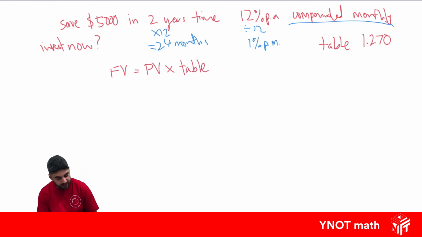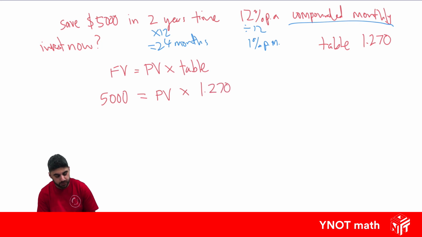So if I want to save $5,000 in 2 years' time, this is talking about a future value. So 5,000 is my future value. My present value is what I want to find out because I want to know how much do I need to invest now in the present times my value in the table, which is 1.270.